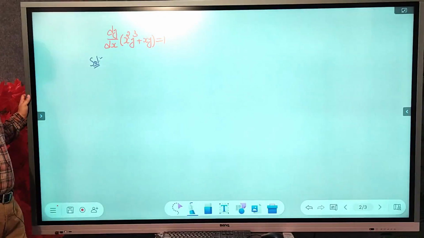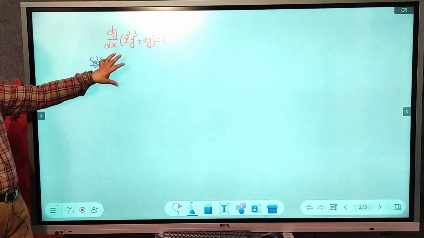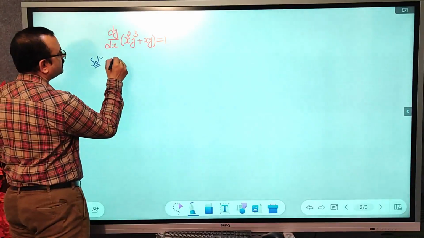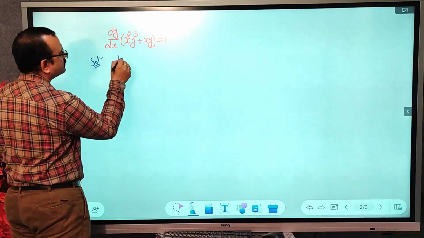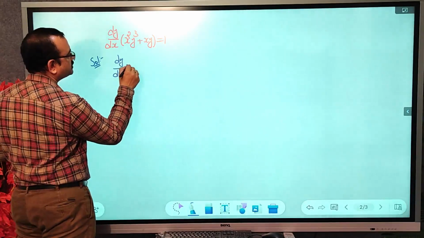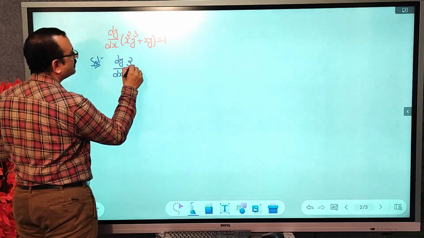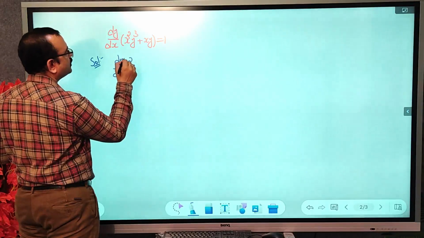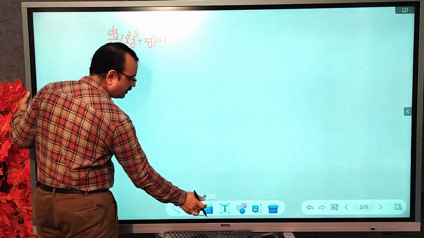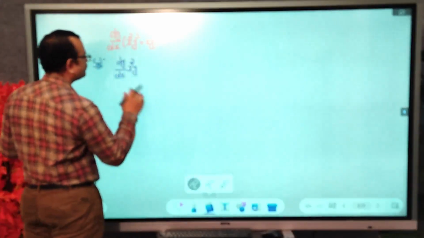Okay, now first of all we will try to put it in the standard format. Now just observe whether we can write like this. First of all you simplify, multiply. Instead of doing like this, if you write it in the form of dy by dx actually, then we cannot simplify this.